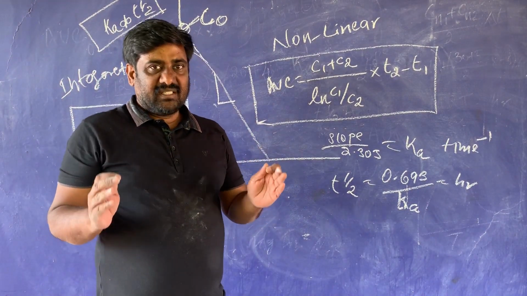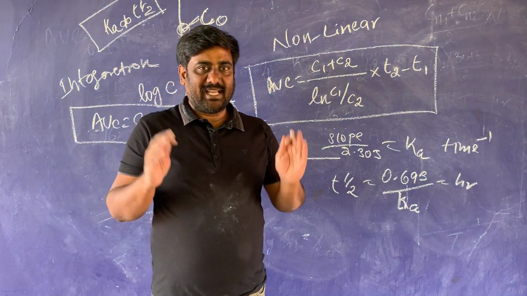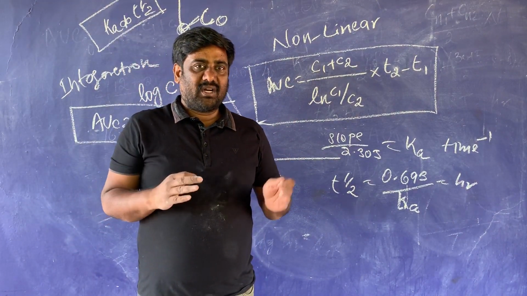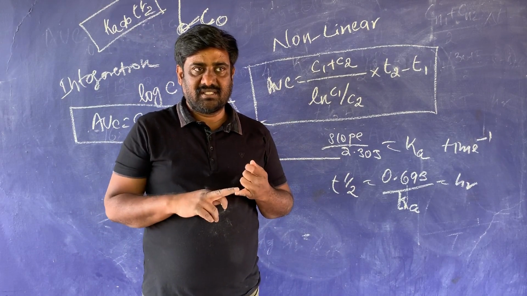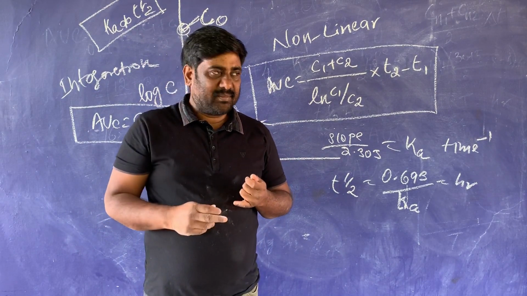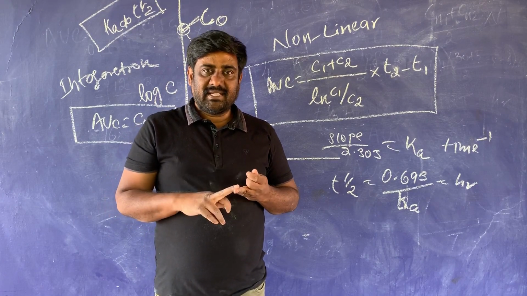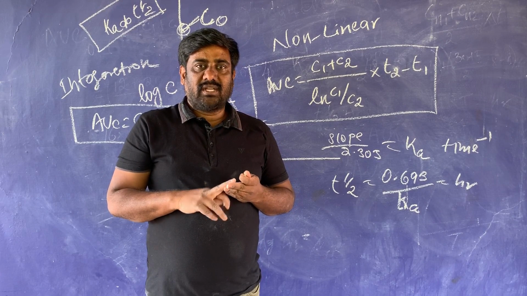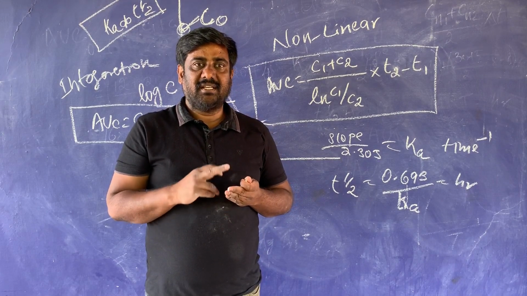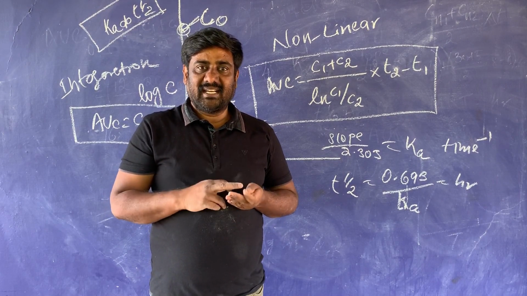So today we discussed how to determine pharmacokinetic parameters like Cmax, that means the maximum concentration in the blood. The time corresponding to that maximum concentration is known as Tmax, and mainly the trapezoidal rule to calculate AUC and AUMC, and the integration method.